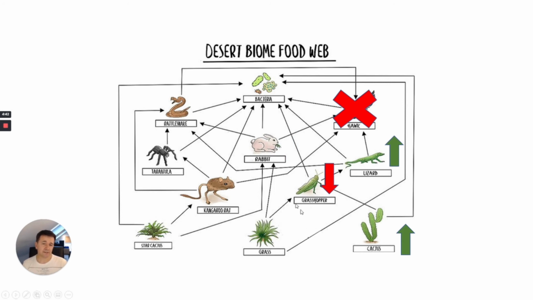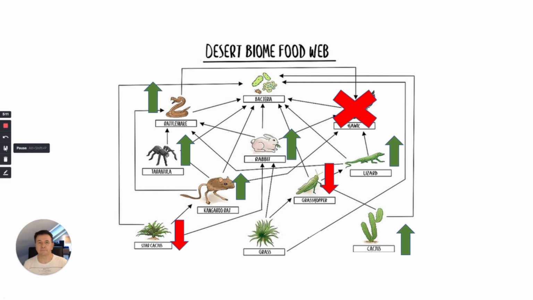The grass that the grasshopper is feeding on may increase, but also there will be an increase in rabbits because hawks also eat rabbits. And then there'll be a knock-on effect in terms of kangaroo rats, and the star cactus may decrease because there are more kangaroo rats. Then tarantulas may increase, and rattlesnakes will definitely increase because there are more rabbits, more lizards and more tarantulas to eat.